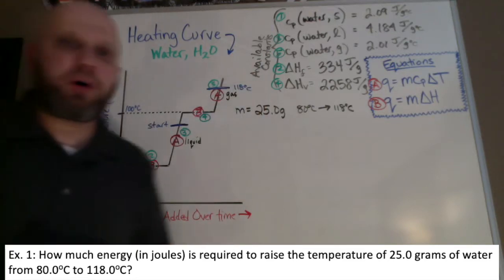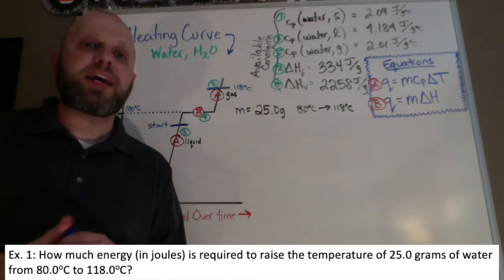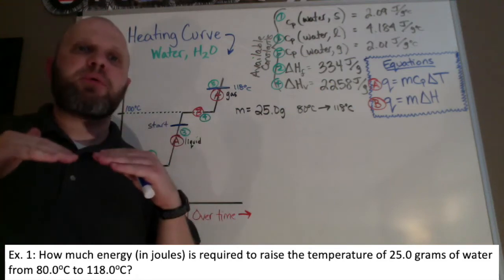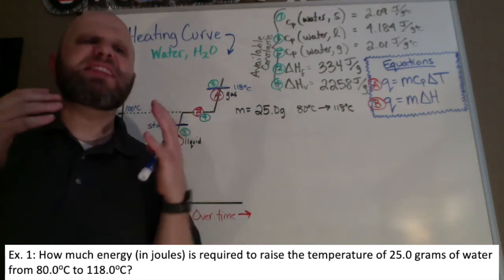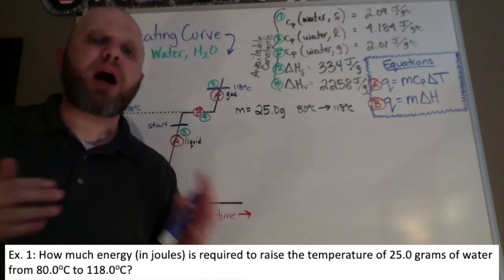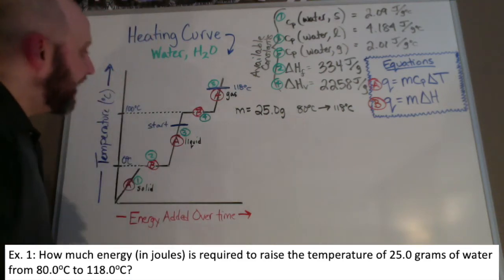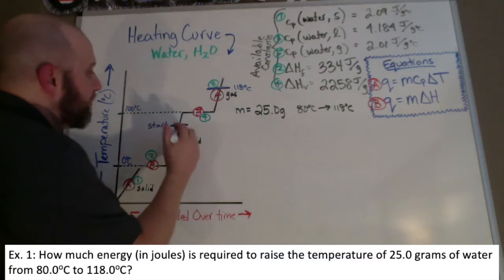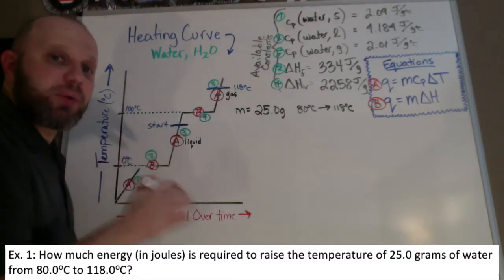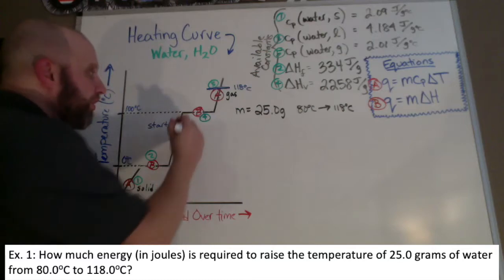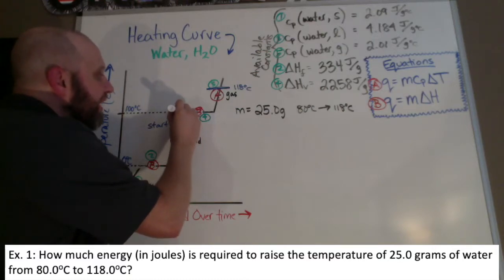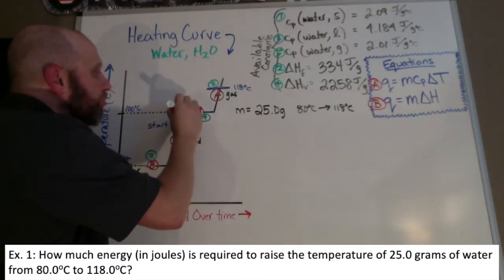So the next part that you have to do is decide, okay, based on my starting point and my ending point, how many different parts to this problem am I going to have? So the answer is 3. And here is where the 3 parts are coming in. I'm starting with liquid water at 80 degrees Celsius. So I need to first get that liquid water up to 100 degrees Celsius.